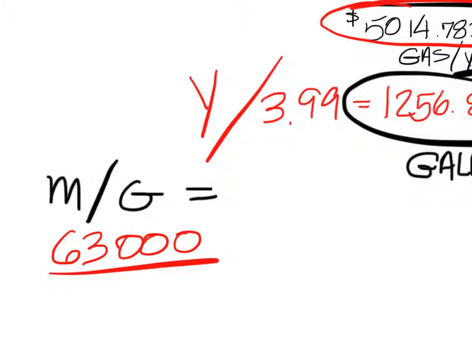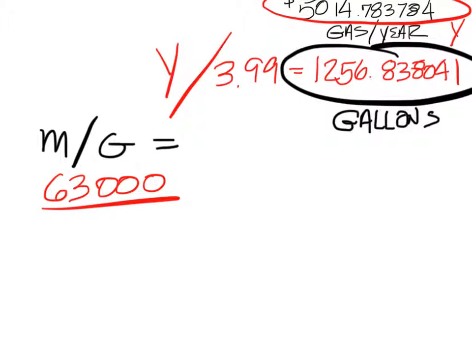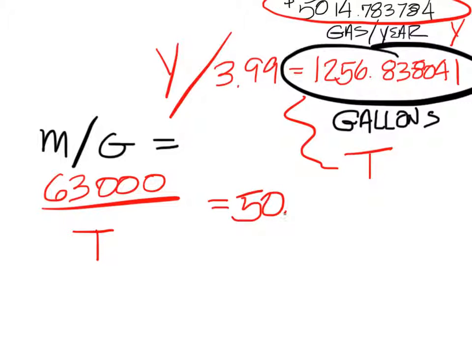And then the number of gallons that she used. In my calculator, I'm going to let that represent T. So I'm just dividing by T. So 63,000 divided by T, which is the number of gallons we found, comes out to be 50.1257903.